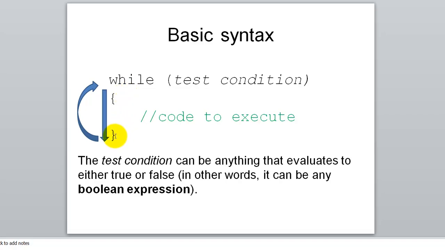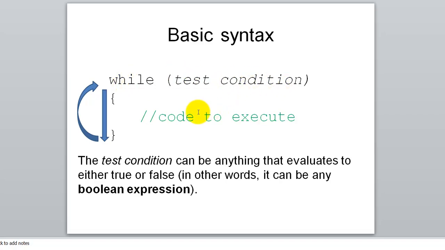The difference is that when we get down here, rather than moving on to the code below, we're going to jump back up here and see if that test condition is still true. If it's still true, we're going to run all of that code again and then jump back up. And we keep doing this basically forever until the test condition becomes false.